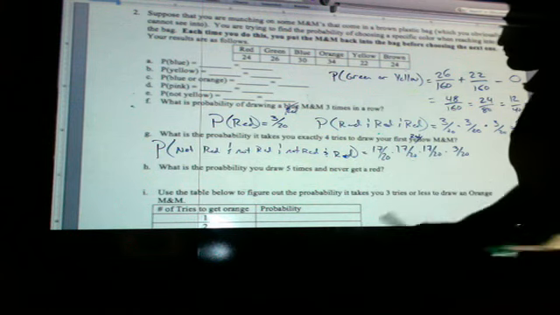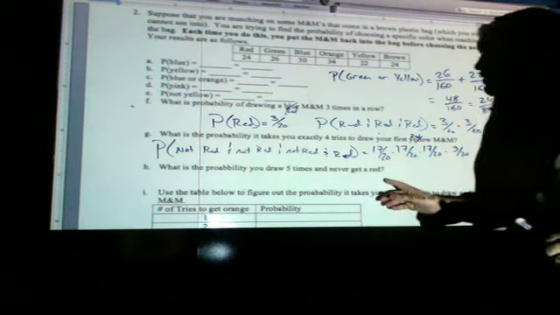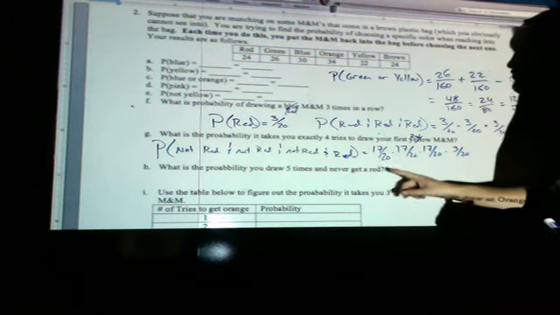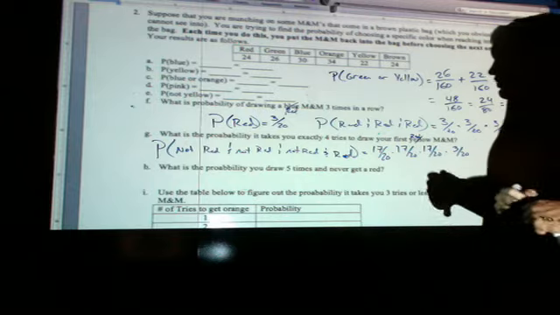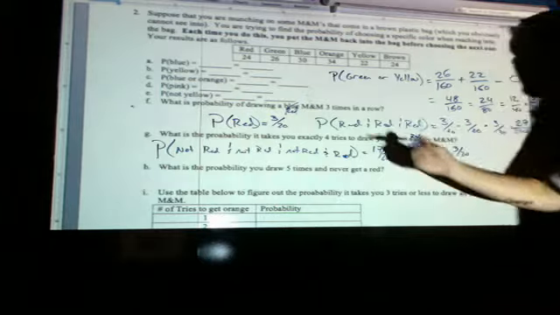What is your probability to draw 5 times and never get a red? This one I'll stick with red. I'll give you one for free, I guess. The probability of not red, once again, we found earlier was 17 out of 20. So if it takes me 5 draws and I never get a red, that means it's the probability of not red, not red, not red, not red, and not red.